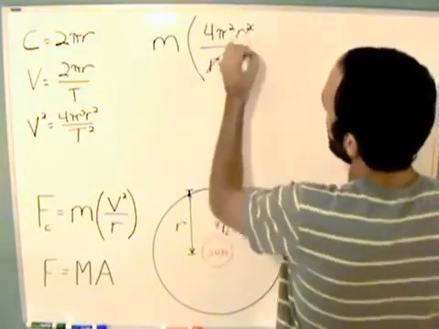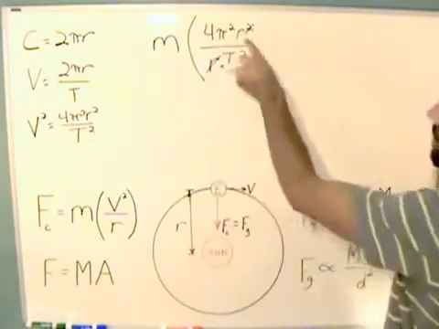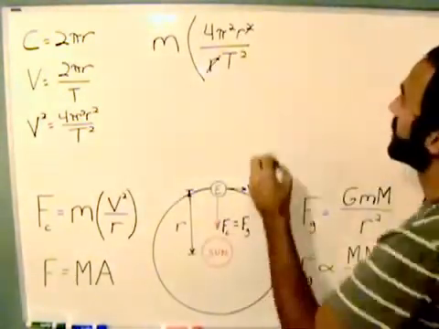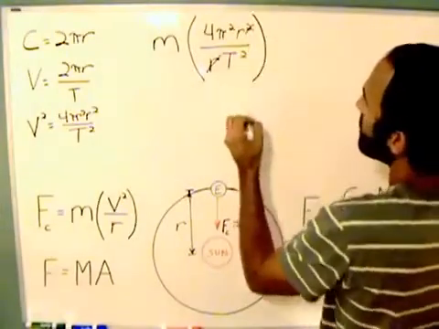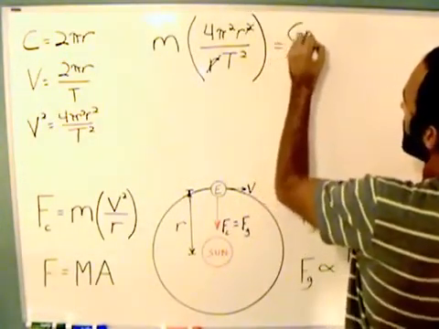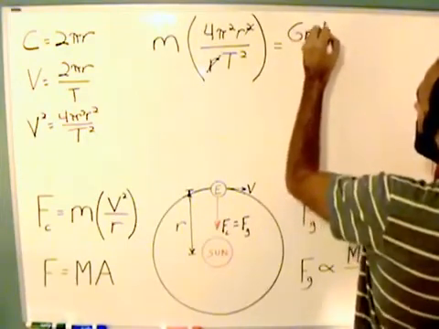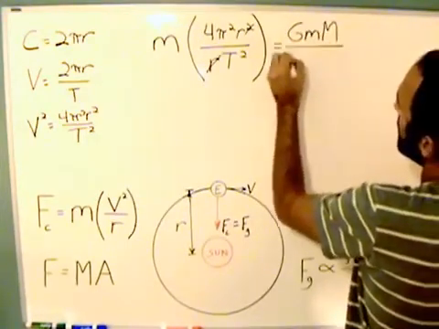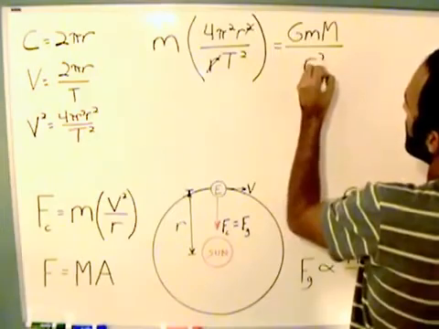This r cancels and that r cancels, so you get 4 pi squared r over the period squared, or big T squared. Okay? And then set that equal to big G times little m times big M, mass of the sun, divided by r squared.